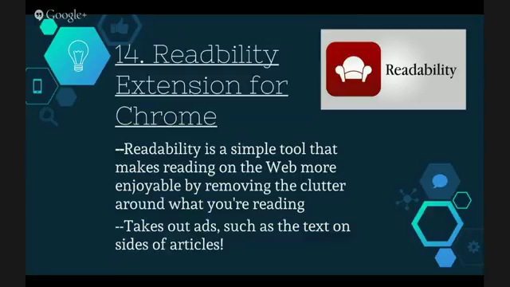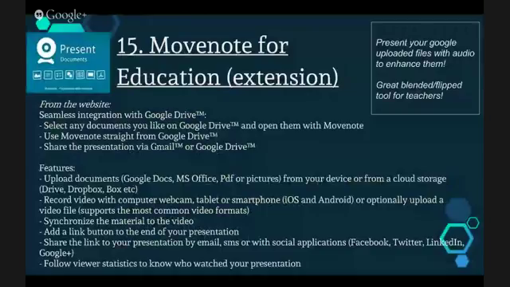This is really good for students who want a current event article, and you want to show them a way to read it where they're not so overwhelmed with a lot of text happening around the article. It's also good if you want to print an article out without all of those ads. And again, that's an extension for Chrome.